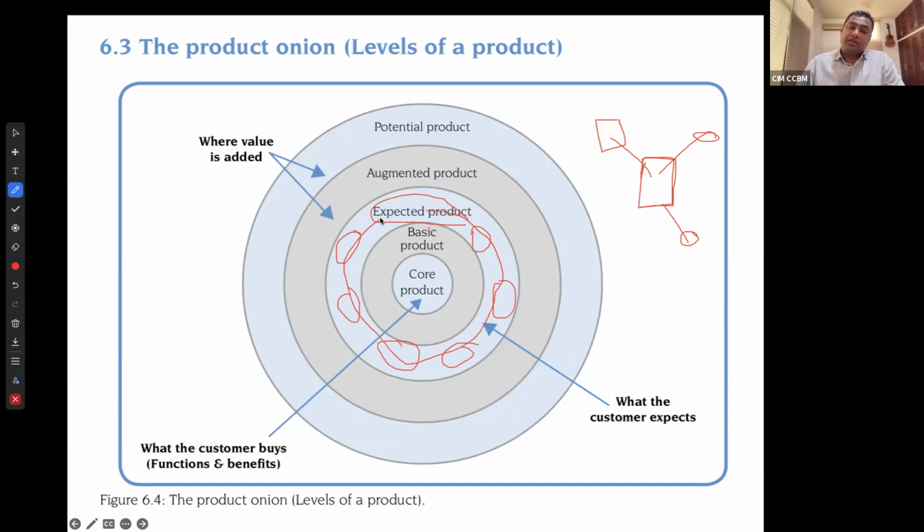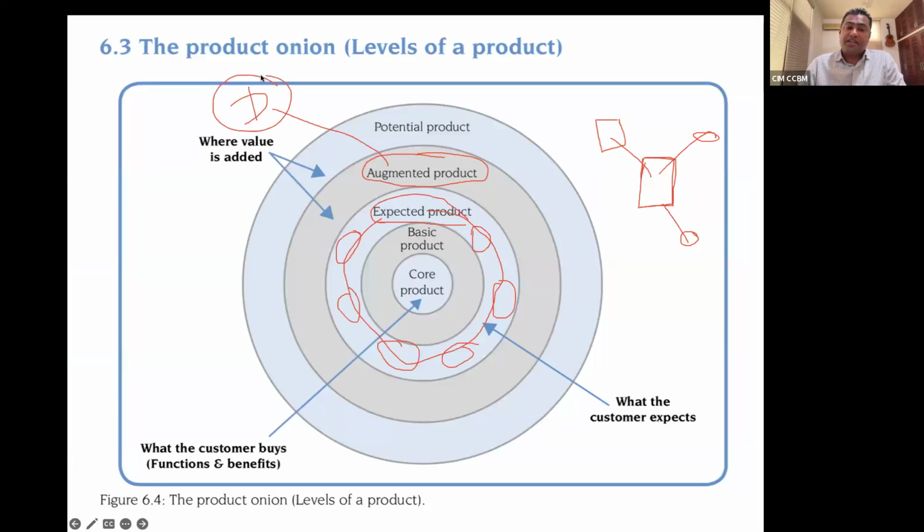But there can be some things that are not expected that the car company will provide. We call that the augmented product. Product augmentation is where differentiation takes place. So how can a company differentiate themselves from others?